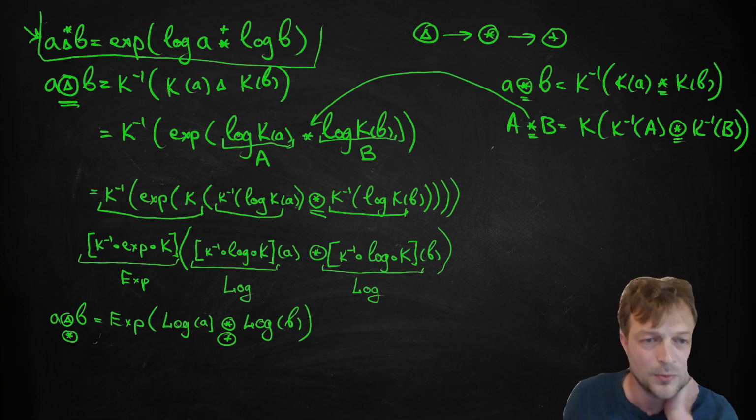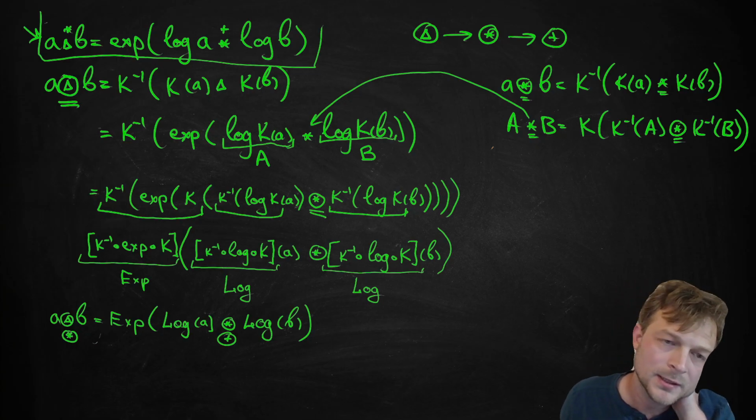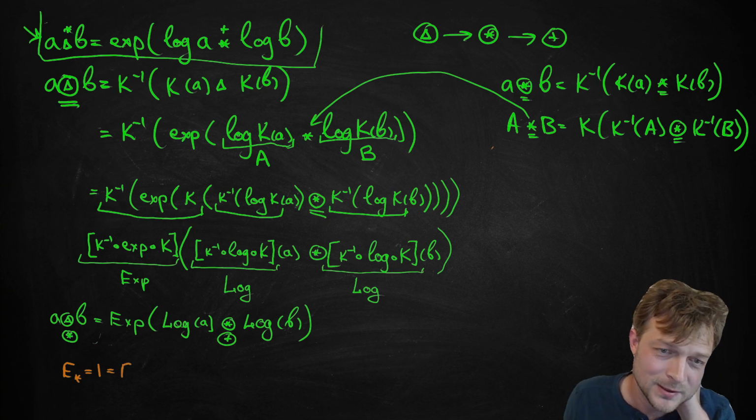What is important to realize is that you remember how we split identity element, which is 1, into two identity elements, E plus multiplied by E dual plus.